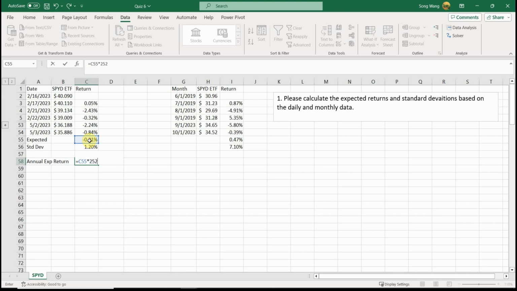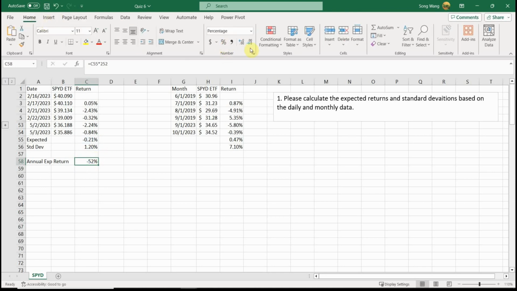So you simply use the daily average multiplied by the number of days in a year, and then you can get the result.